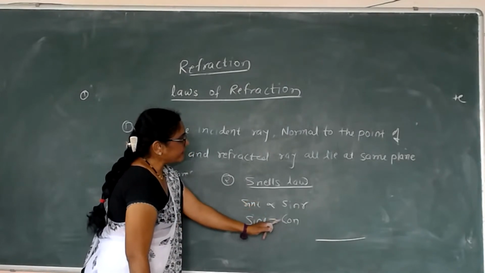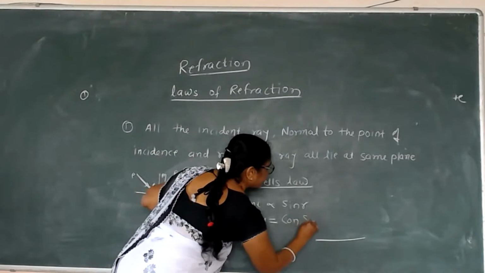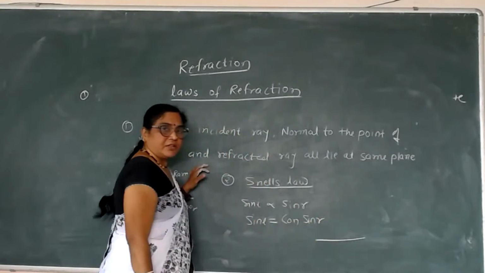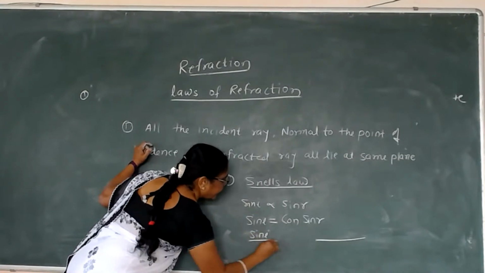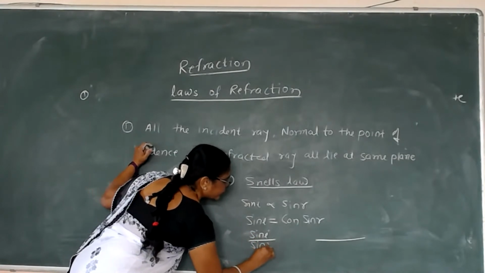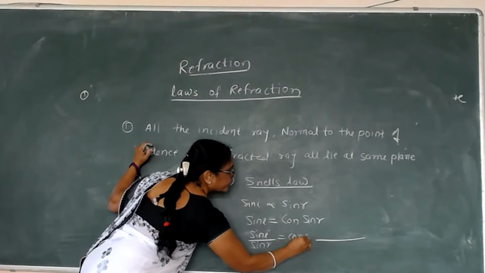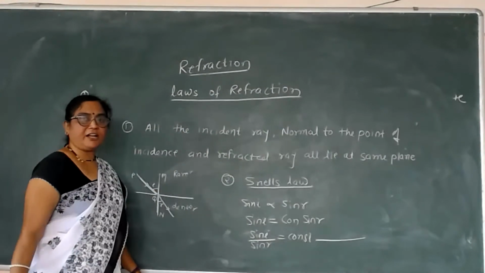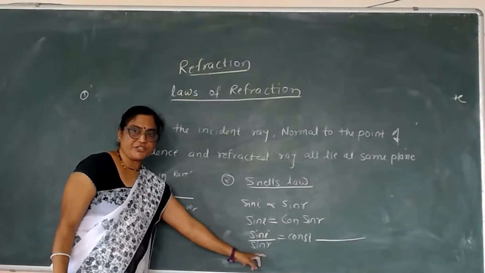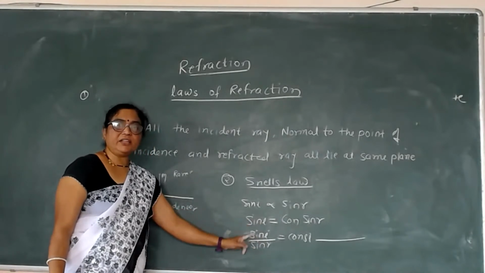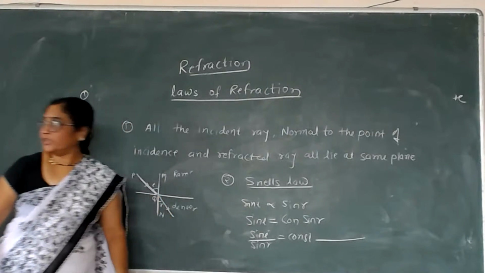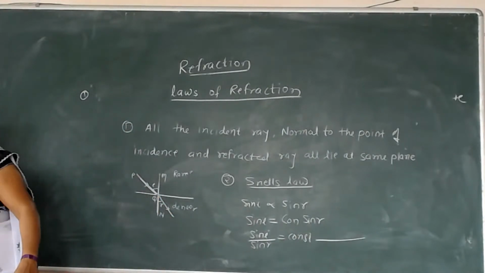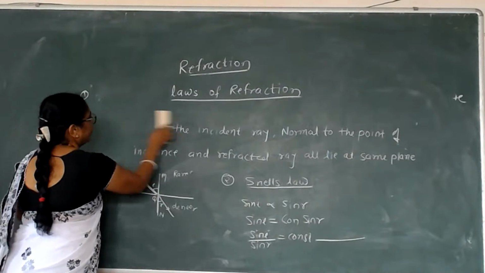Sine I is equal to constant into sine R. Therefore, sine I divided by sine R is equal to constant, and this constant in this chapter is denoted by n or mu.